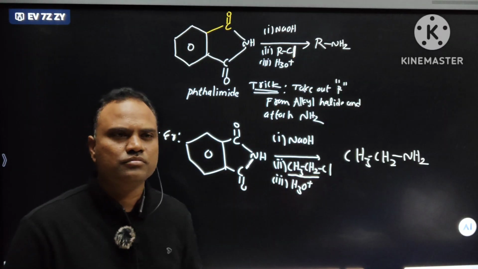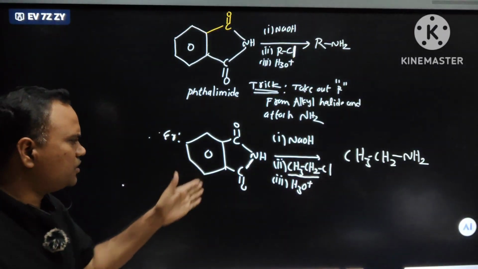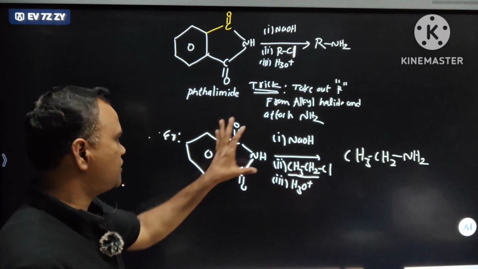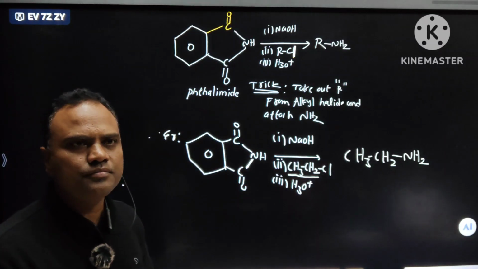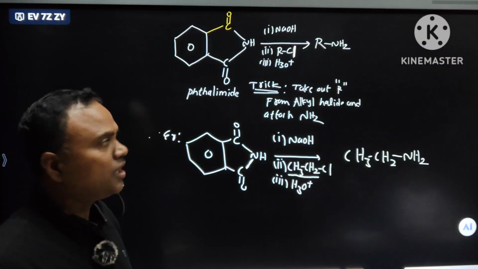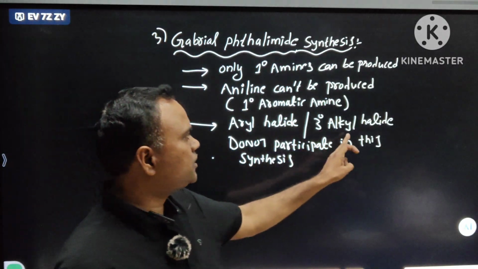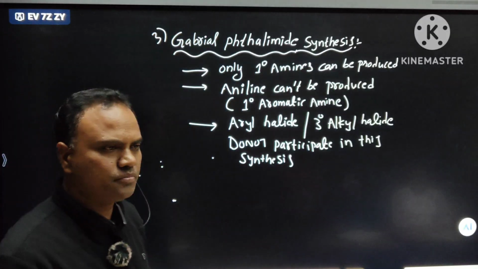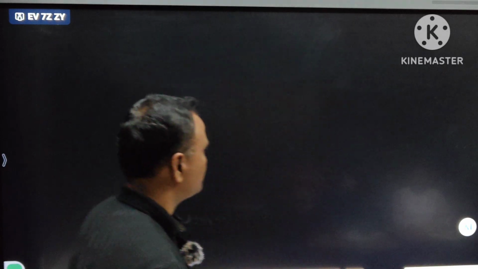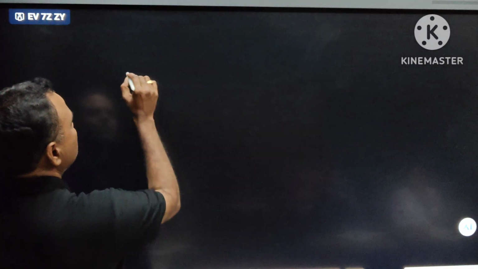That's why the name is Gabriel phthalimide. We can take substituents, some methyl or something, but plain is preferred. This phthalimide part is important. Aryl halide and tertiary alkyl halide do not participate.